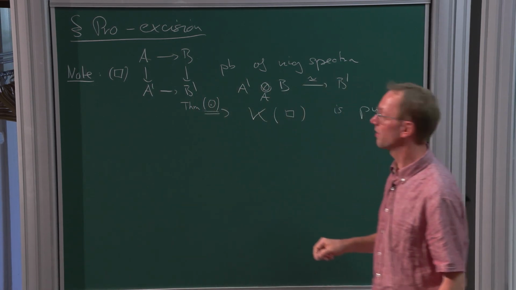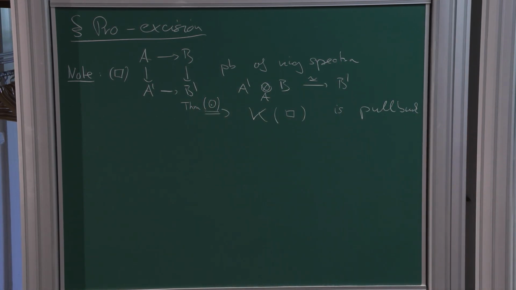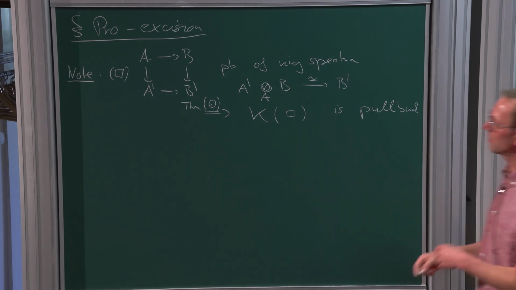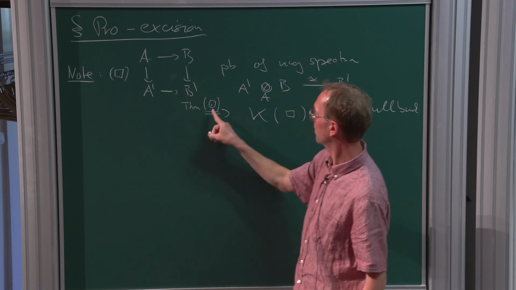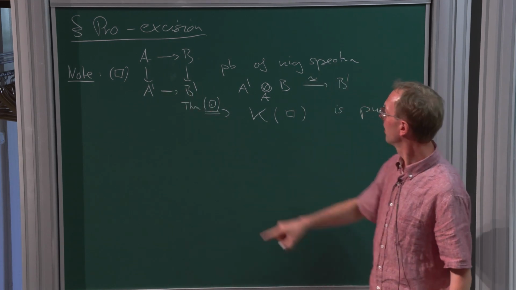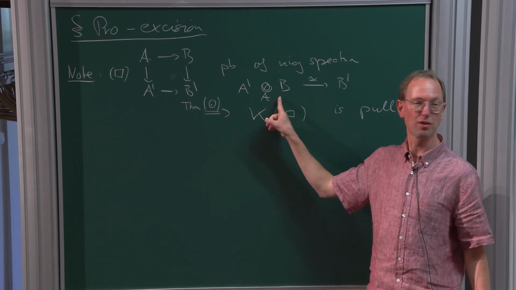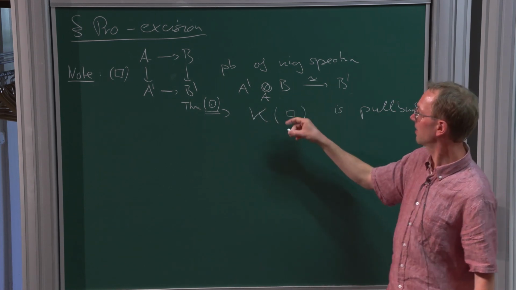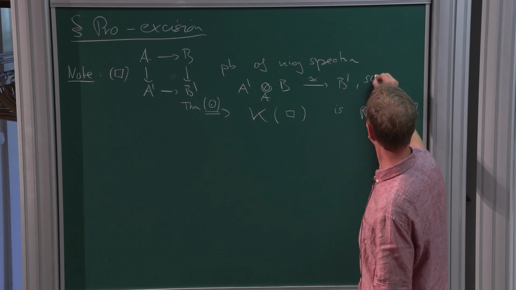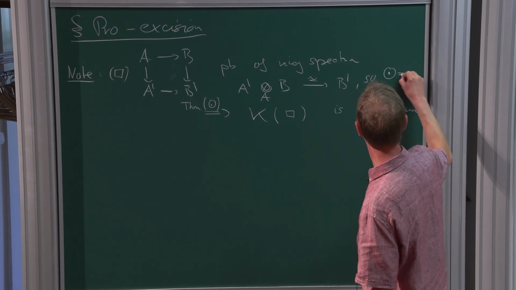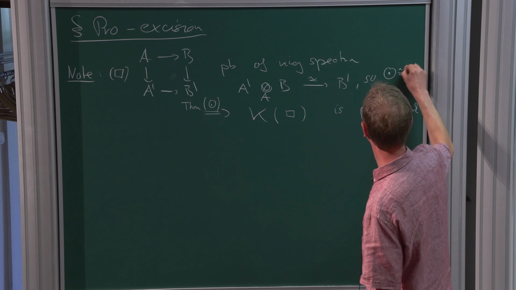This was for any pullback square of ring spectra. It produced this ring that sits inside here, this O dot ring, but we said that the underlying spectrum is just this derived tensor product. So this condition precisely says that this ring in this situation is just the ring B prime.